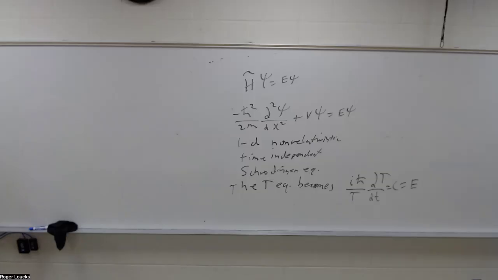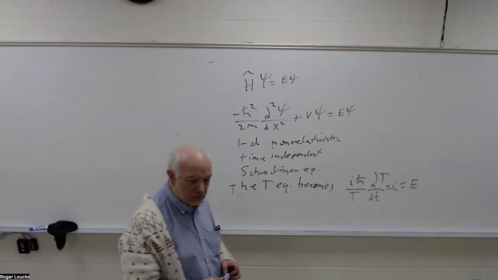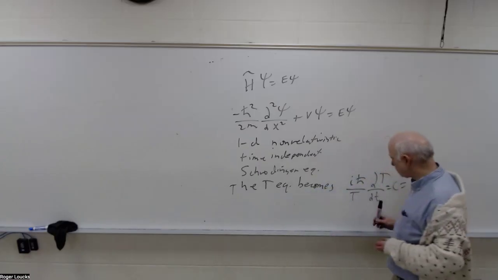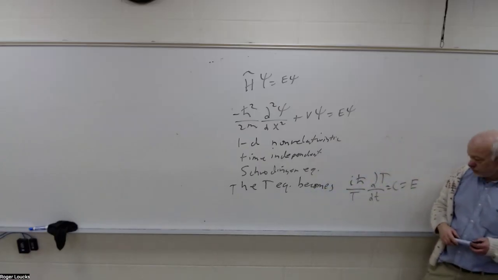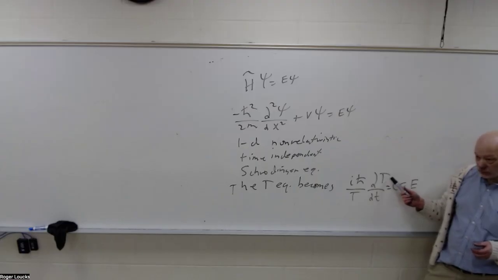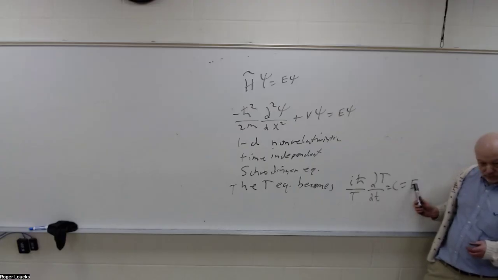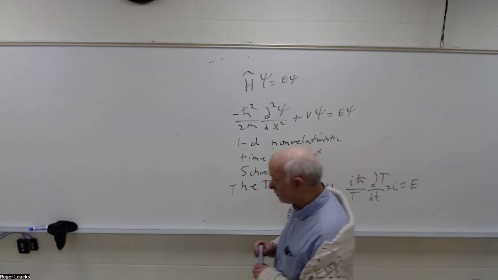You could have done this in physics 125, 126. If you solve this in 125, what would you do? What's the differential equation going to be? You take the dt over here, and then integrate both sides.